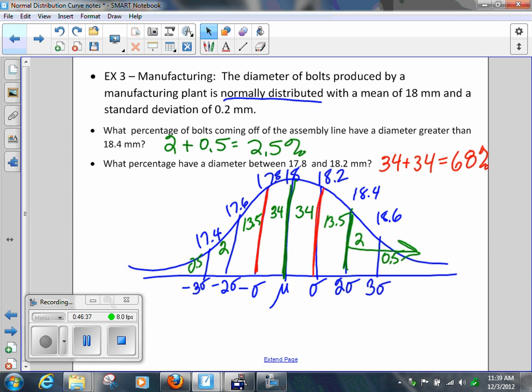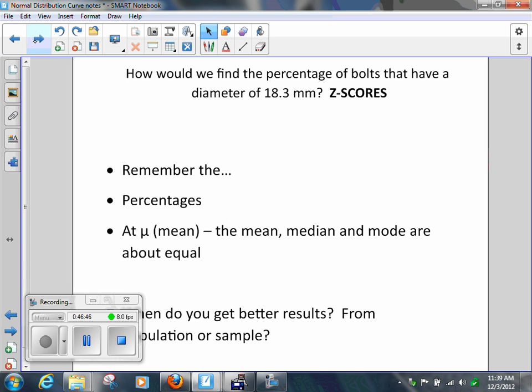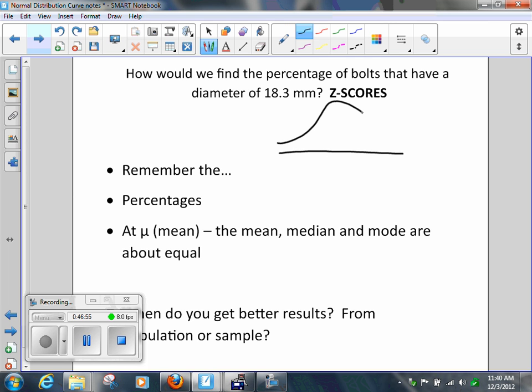There is something that we have to do, and we're going to have to standardize all of our data, okay? What that means is we'll have to convert all of these numbers to Z-scores, and instead of looking at 18, 18.2, 18.4, you better be paying attention. You're going to be looking at 0, 1, 2, and 3, -1, -2, and -3, and that's where that table comes into play, okay?